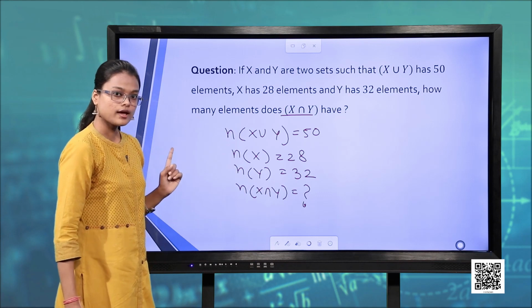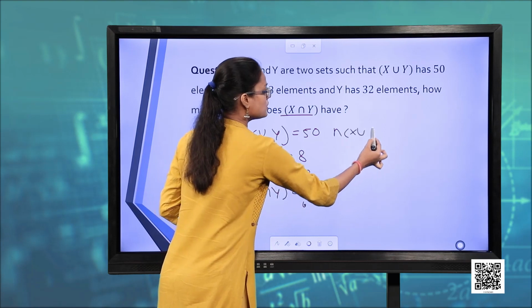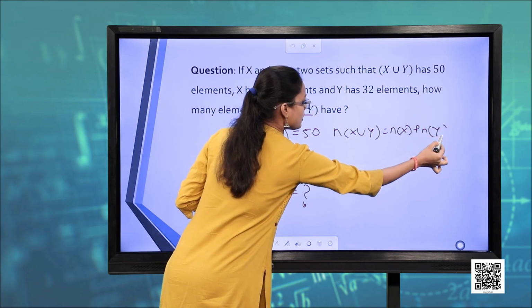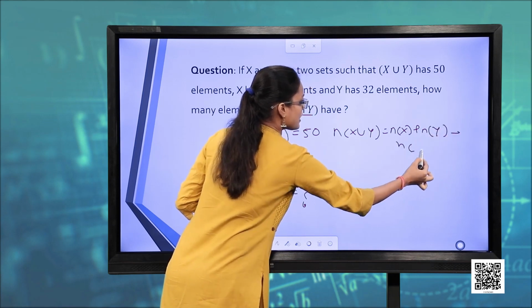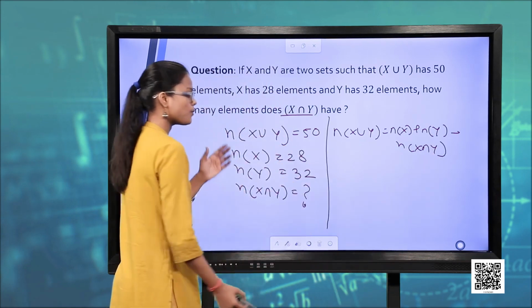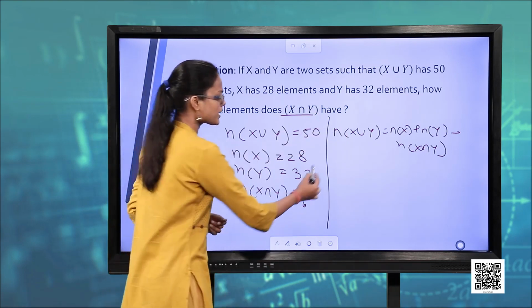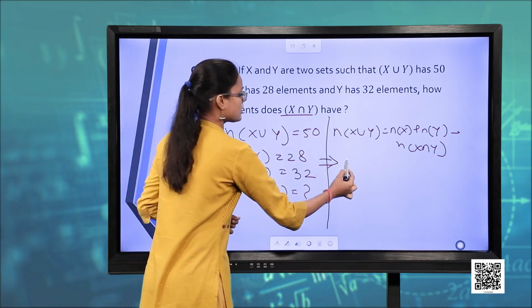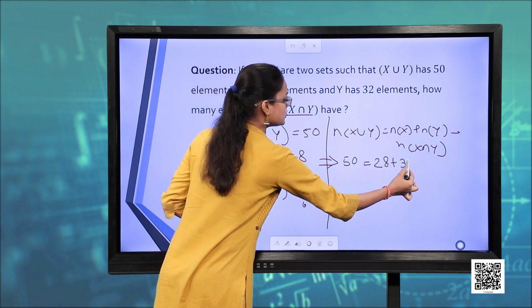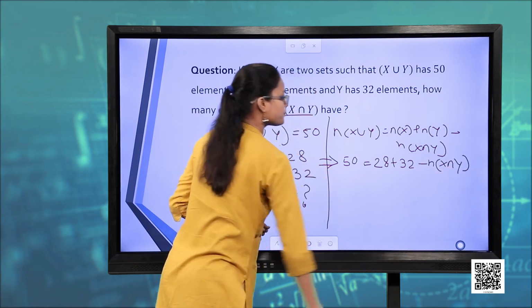Just now we have seen a formula which is saying n(X union Y) is equal to n(X) plus n(Y) minus n(X intersection Y). If I put values in this equation, what will I get? It is 50 is equal to 28 plus 32 minus n(X intersection Y).